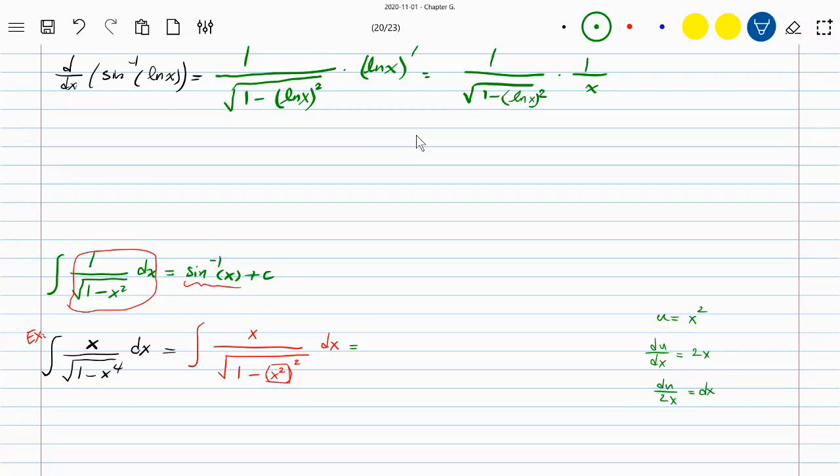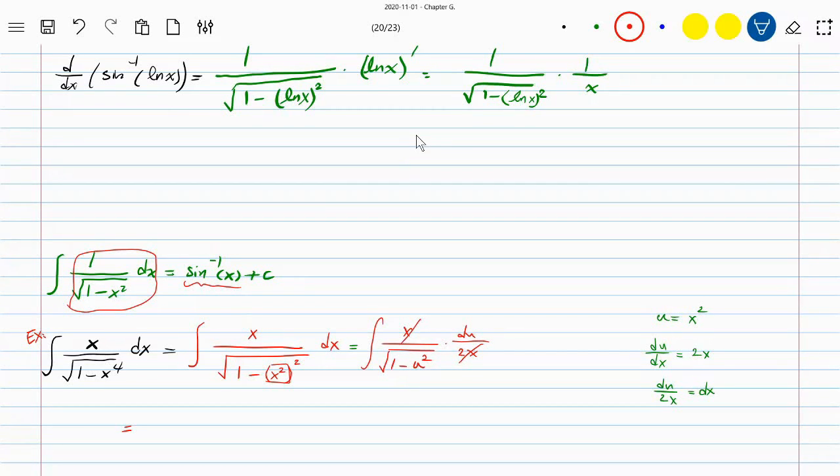And I can rewrite this integral. The integral would be x divided by the square root of 1 minus, instead of x squared we have u, but there is a square still, u squared, multiplied by, instead of dx, we have du divided by 2x. These x's will cancel out.